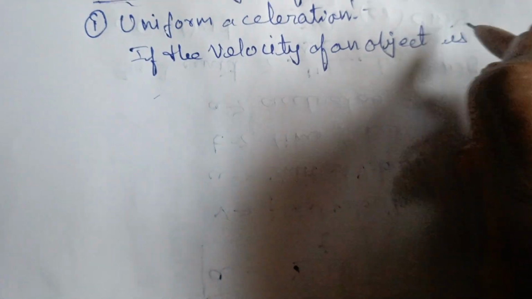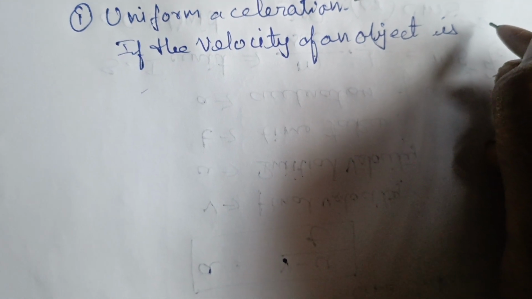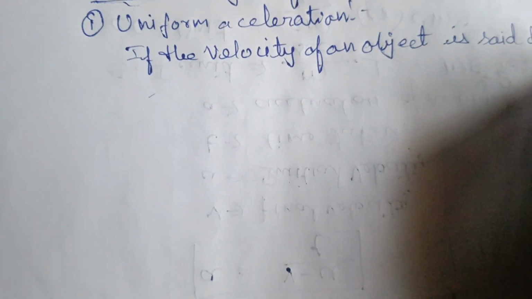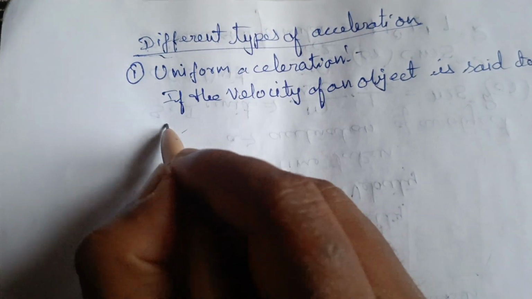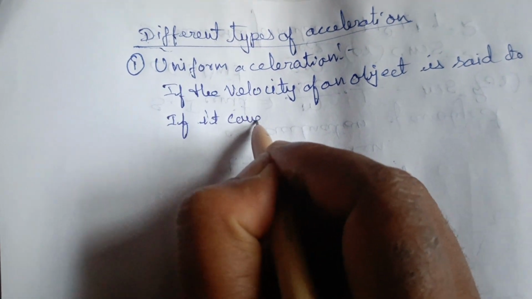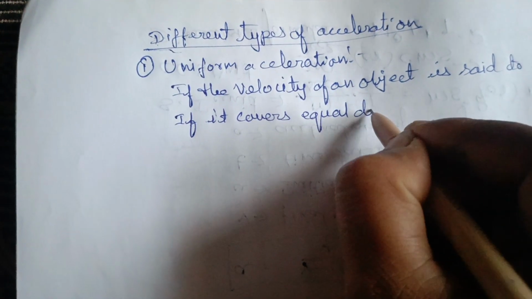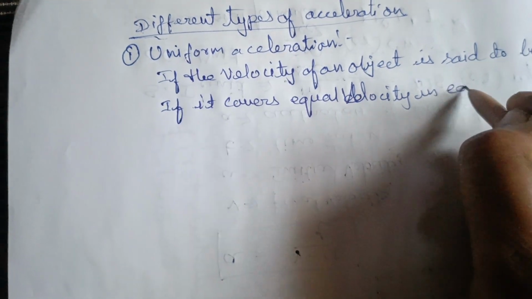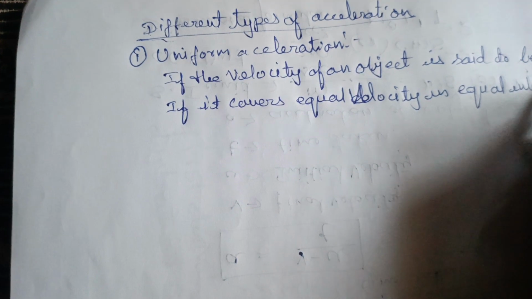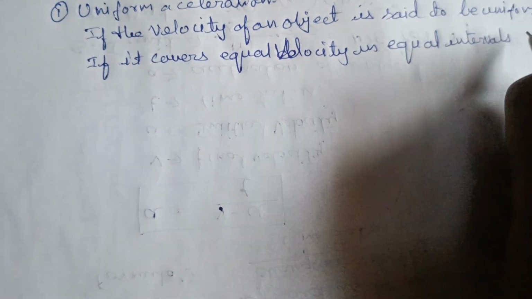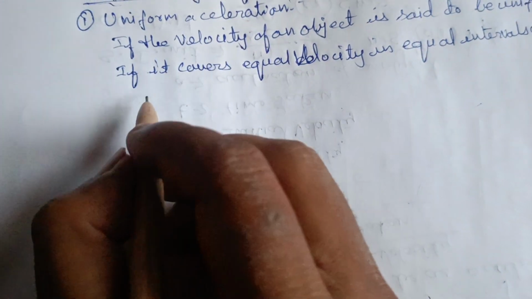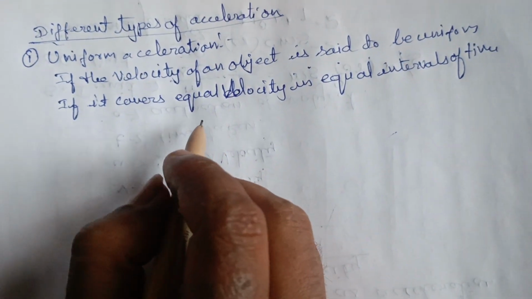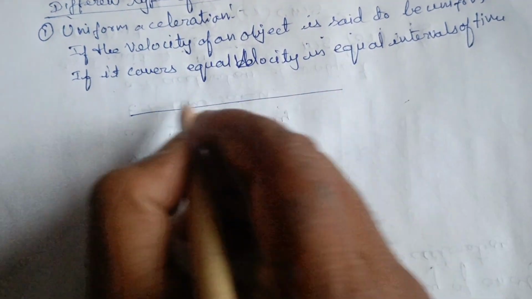The velocity of an object is said to be uniform if it covers equal velocity in equal intervals of time. We can also represent this by means of a small diagram.